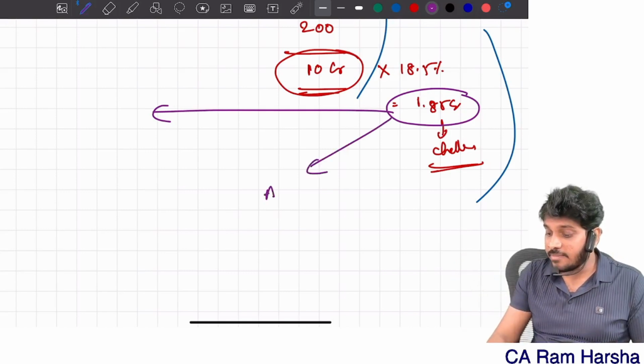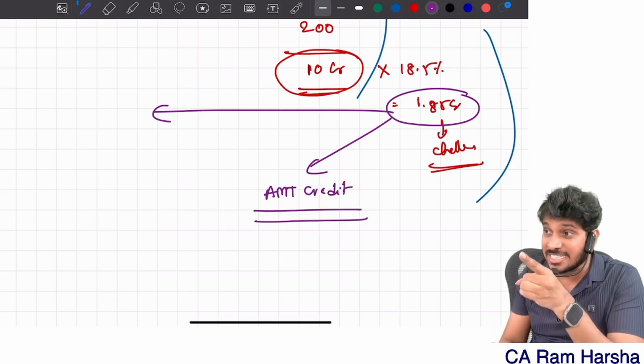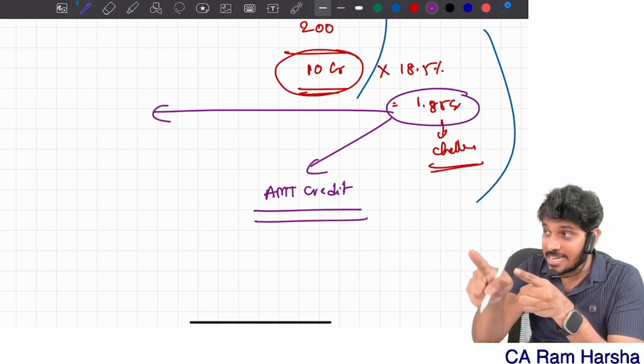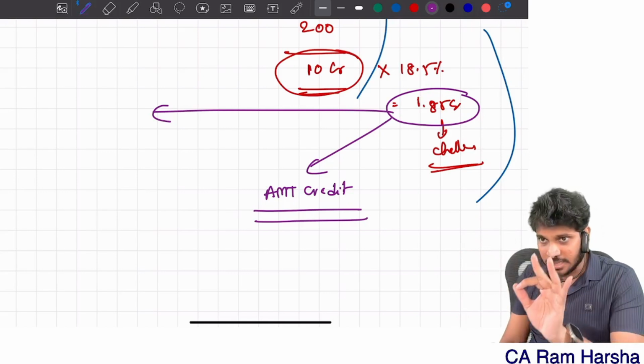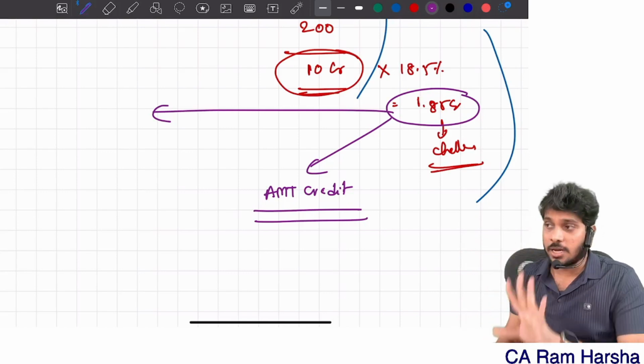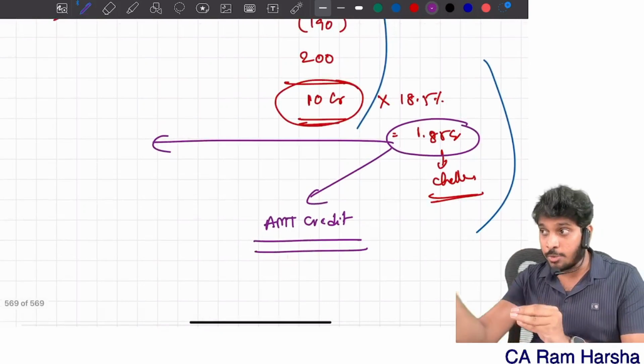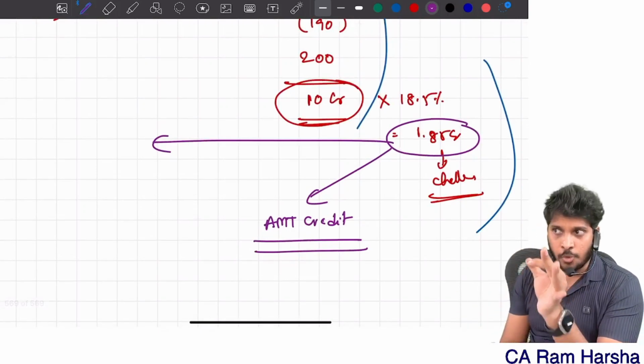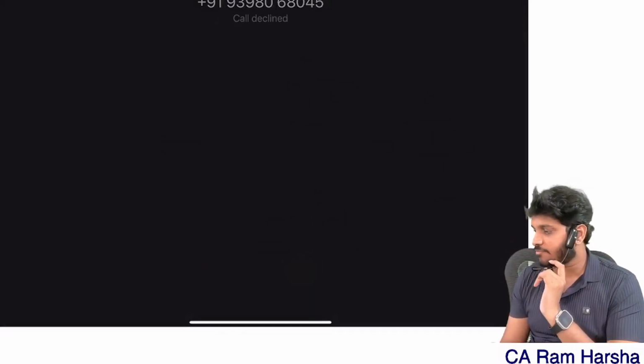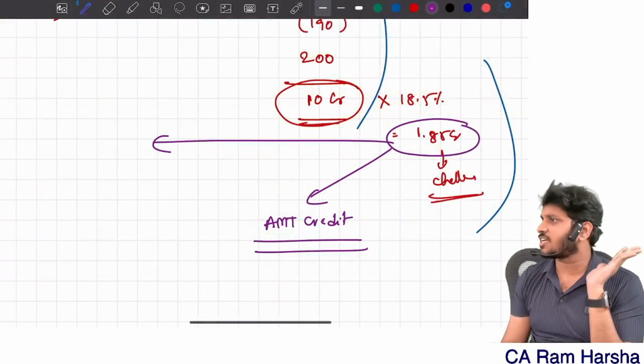This amount I will give you as AMT credit. Remember, the section is actually a little more different. First I am telling you how the basic section works.